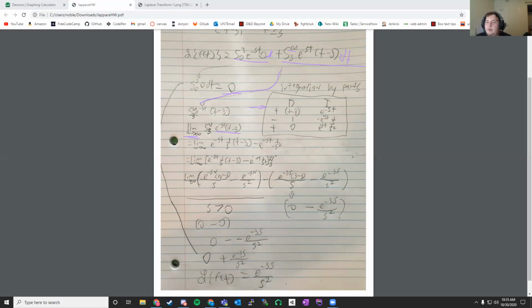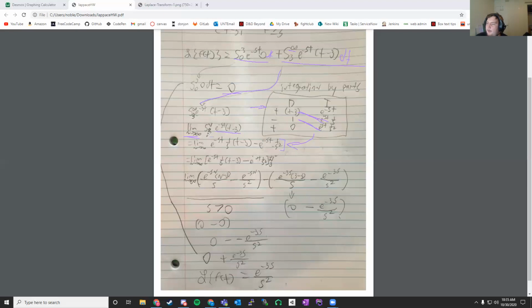Then after we do that, we just pair up diagonally, and that gets us this right here. And we've solved this integral, so we get e to the negative st times 1 over s times t minus 3, and that's these two here. And then e to the negative st times 1 over s squared, and that's here.